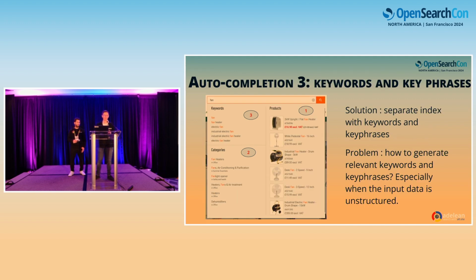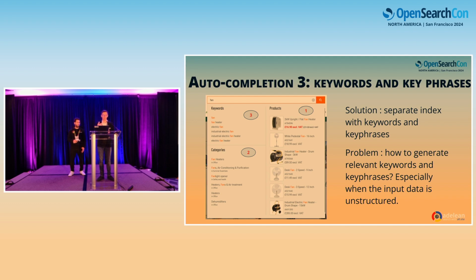Okay, and the third one is the most complex one. It's actually the first one, but I left it to the end. So it's the keywords one, where you actually provide suggestions of search terms. So the user starts typing, and you provide the suggestions of search terms or phrases following what they typed.